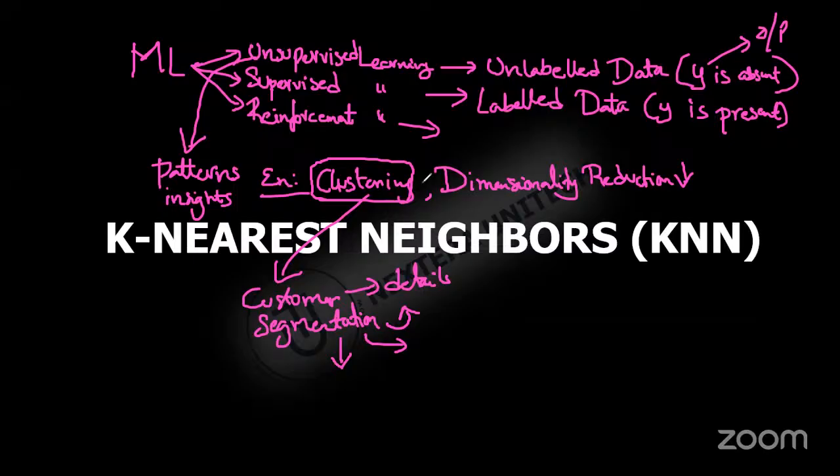So under clustering or dimensionality reduction techniques, the algorithms work on unlabeled data, which means Y is absent. The purpose of unsupervised learning algorithms is to help us extract the patterns, the hidden insights from the data.